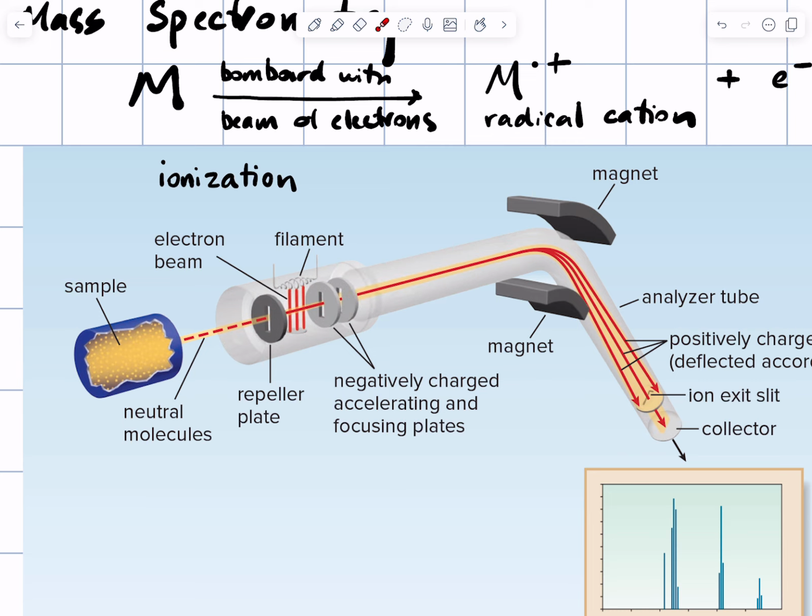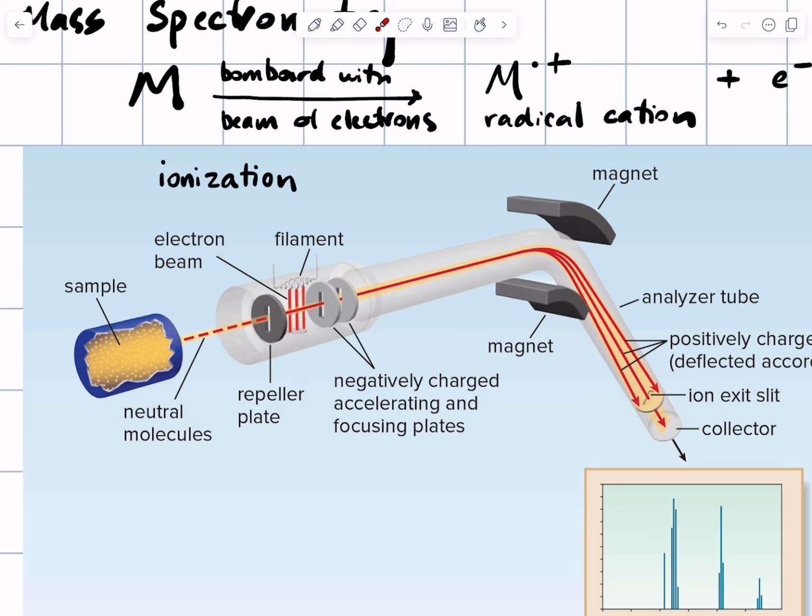You do this by accelerating them through a slit in negatively charged plates. So the radical cation is attracted in this direction toward the plates. Most of the particles hit the plates, some of them go through the slits.